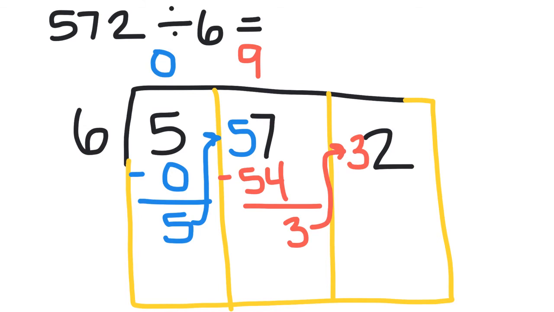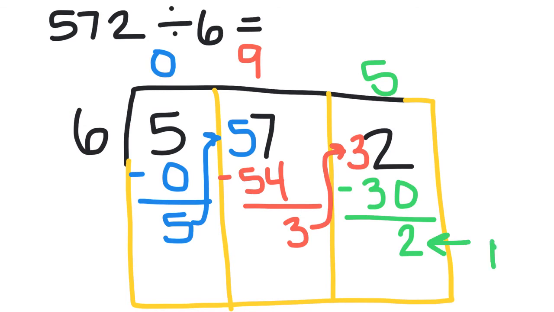So that means that I can fit 5 6s into 32. 5 6s is equal to 30. 32 minus 30 leaves me with 2. I cannot fit 6 into 2, so that 2 right there is my remainder. It's how many are left over after my groups.